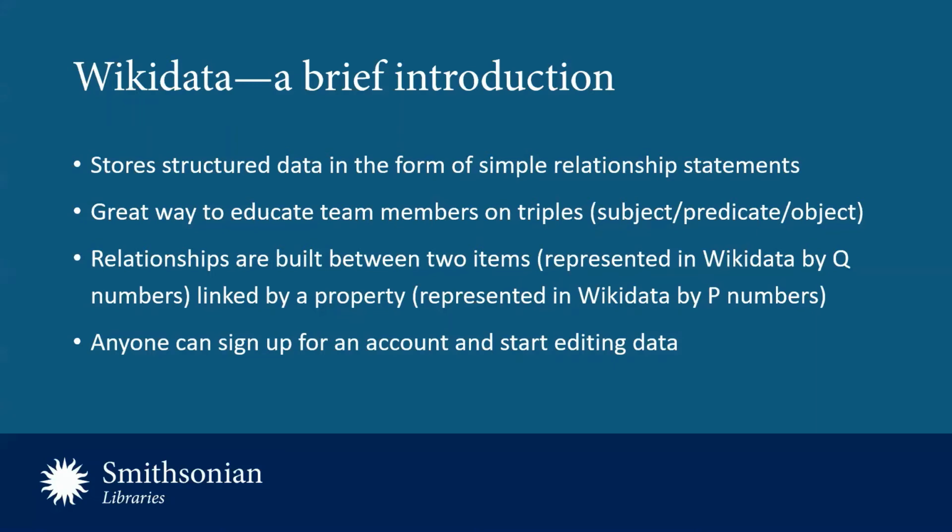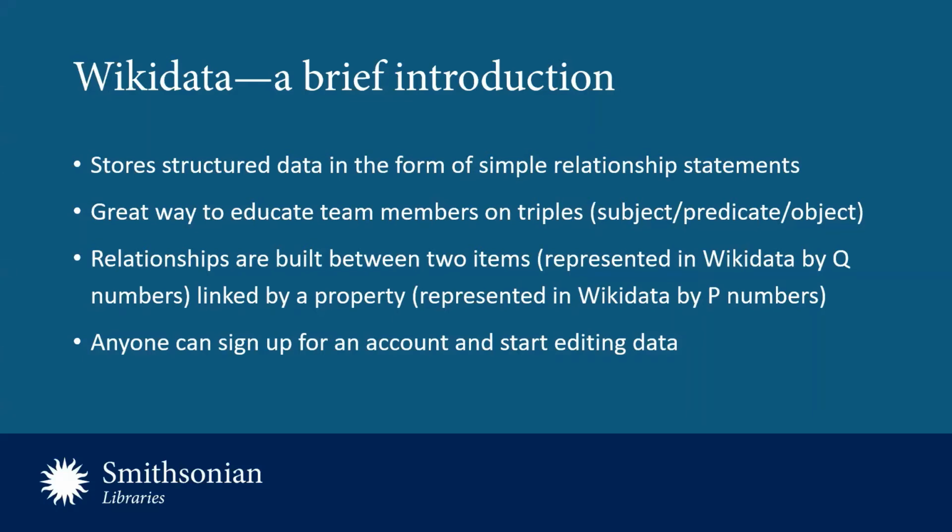So Wikidata stores the data used in Wikimedia projects like Wikipedia, but it stores it as structured data in the form of simple relationship statements. So this means it's a really great way to educate staff on the triple statement structure, right, of subject, predicate, and object.